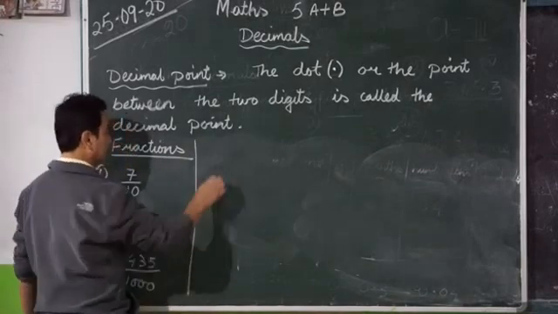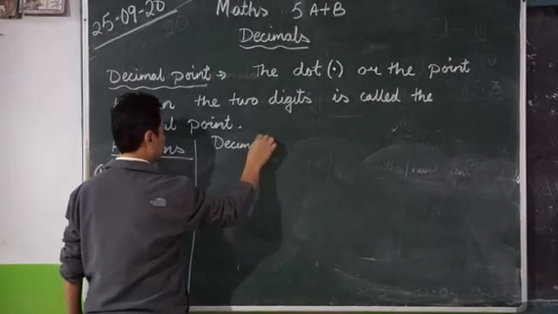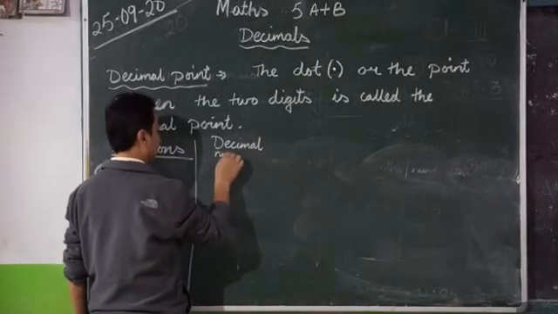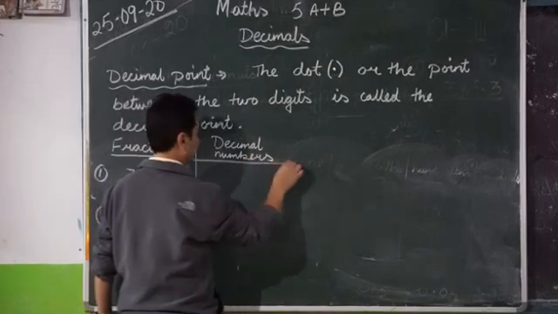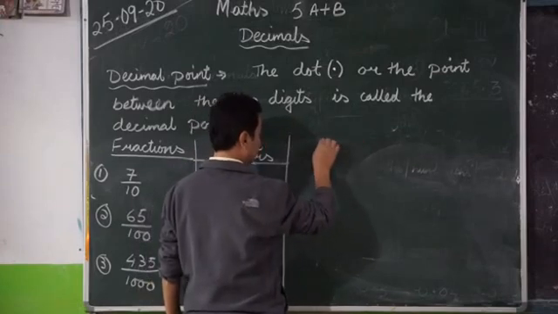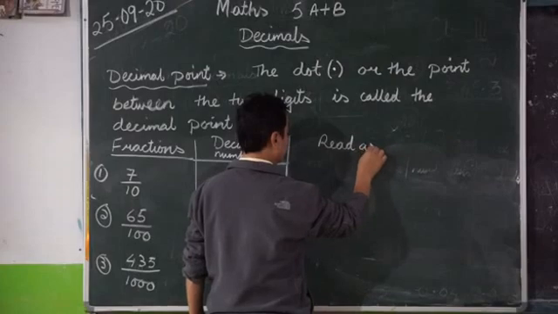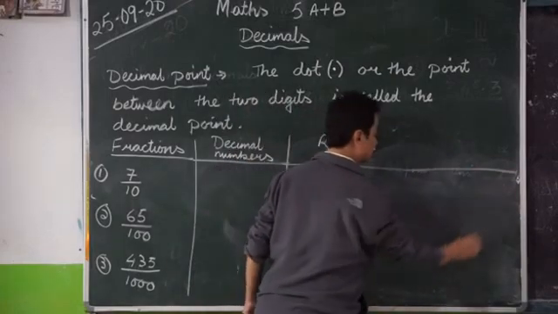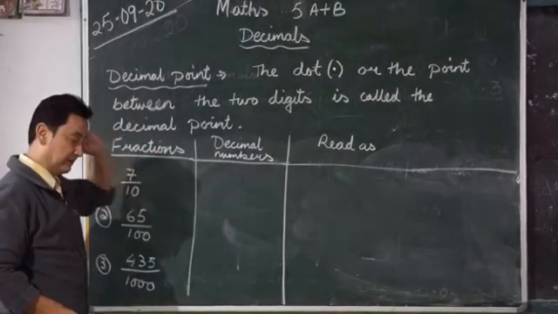Okay, let's write the decimal number, and let's write and read. It can be read as or written as. Are we ready? I hope you understand it. This is just a revision from last year.